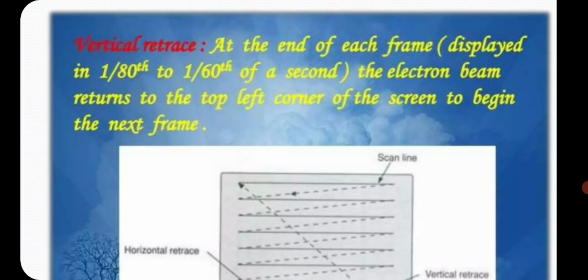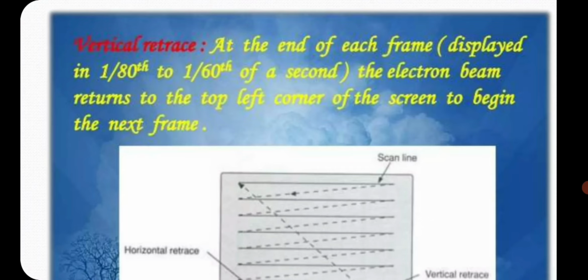So the electron beam returns to the top left corner of the screen and begins the next frame. You can see here the scan lines, the horizontal lines, and this is the vertical retrace. First it starts with the scan line, and then horizontally the electron beam is swept across the horizontal lines, that is, row wise.